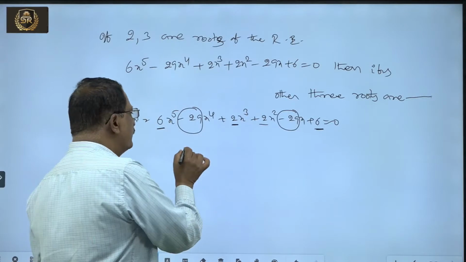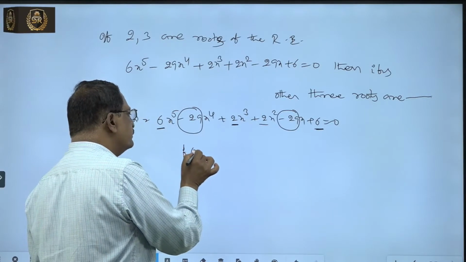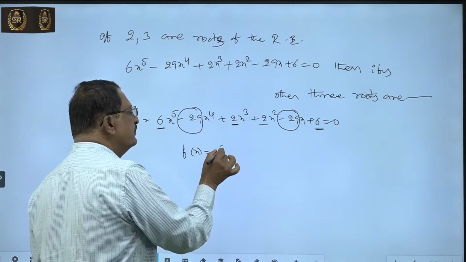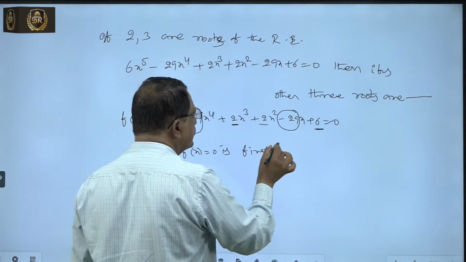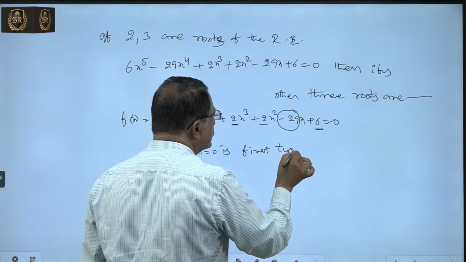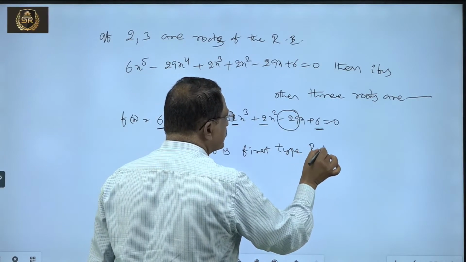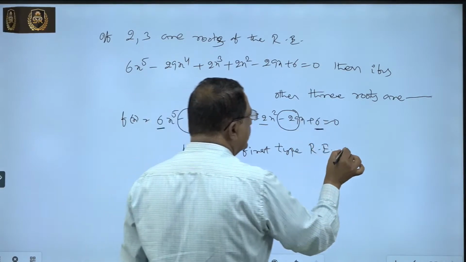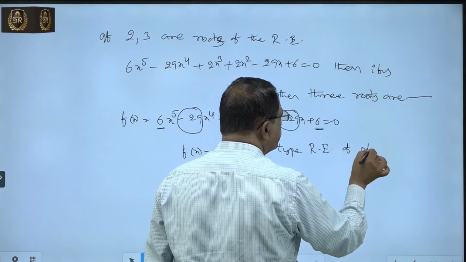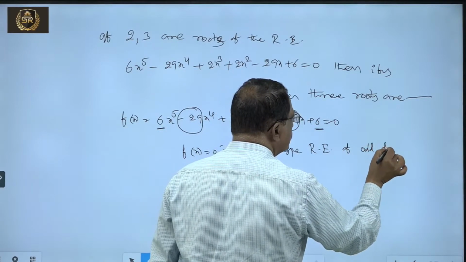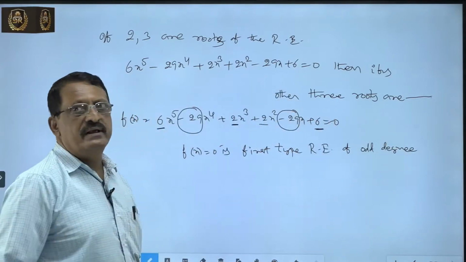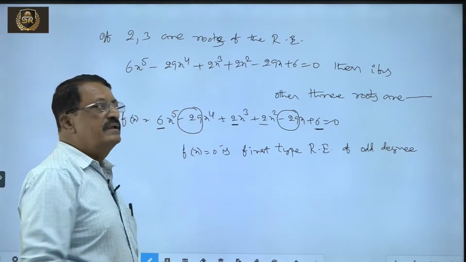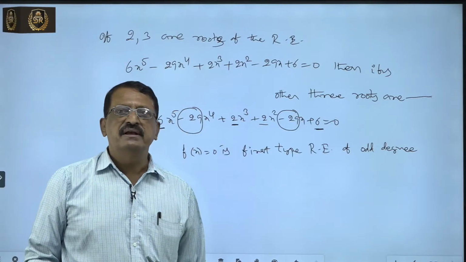Therefore f of x equals 0 is a first type reciprocal equation of odd degree, because the degree of the equation is 5, an odd degree equation.